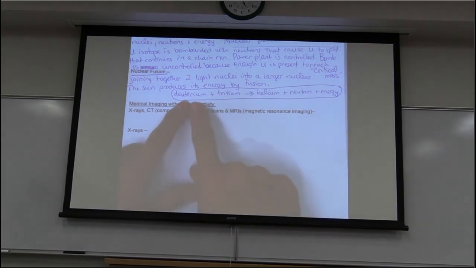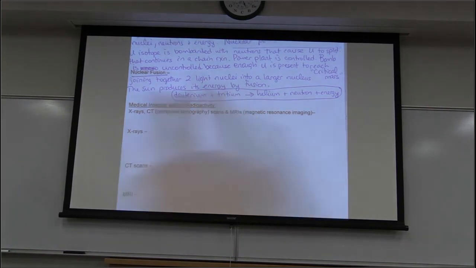Now think about that for a minute. You have taken hydrogen, deuterium, with its 1 proton. You've taken tritium with its 1 proton. This one has a mass of 2 AMU. This has a mass of 3 AMU. And you have been able to join them into 1 nucleus. 2 independent nuclei into 1 nucleus.